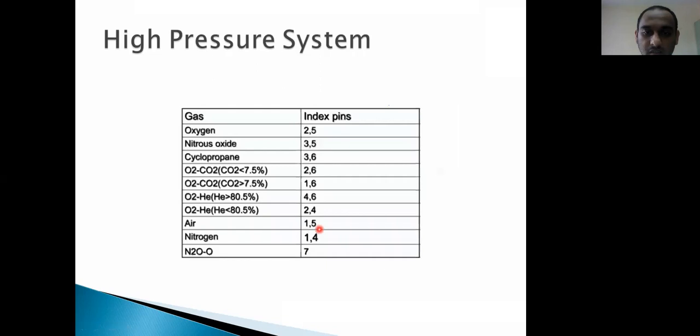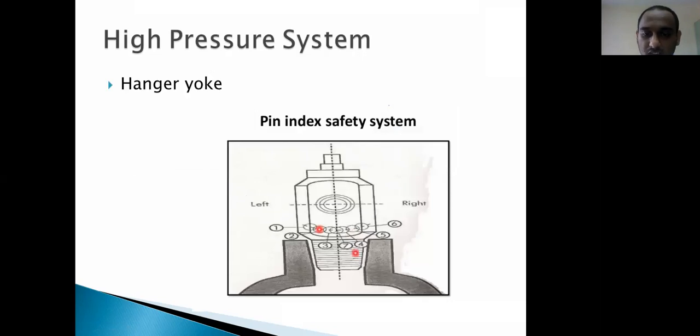Suppose, say, the oxygen pin index is 25 and nitrous oxide is 35. So what this means is the oxygen cylinder stem will have a hole here at point number 2, and it will have a hole here at point number 5.